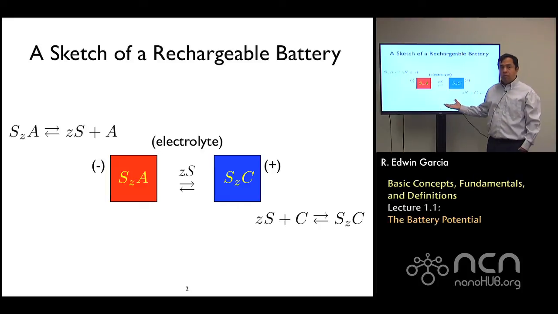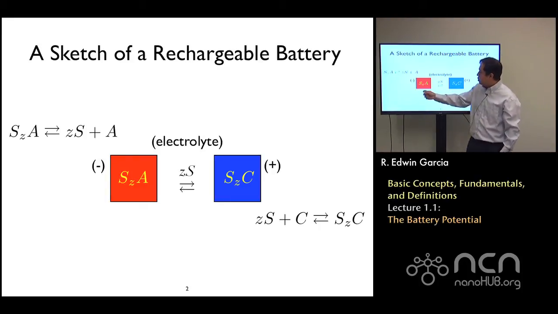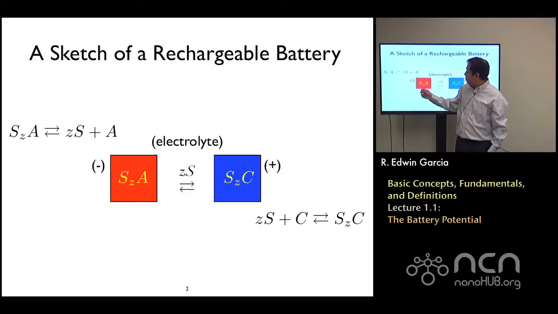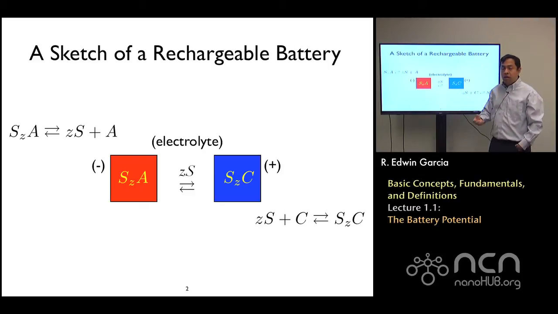Even though there are no electrons, no charge associated with it, this has actually been used to store charge, to store energy, and there are companies that take advantage of this, because sometimes this reaction, as you go from one side to the other, takes energy or releases energy.